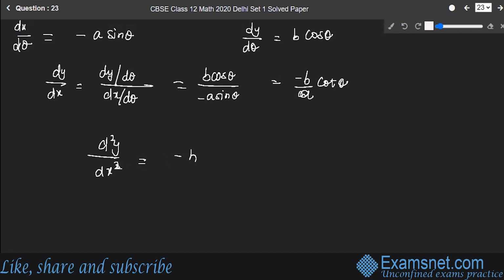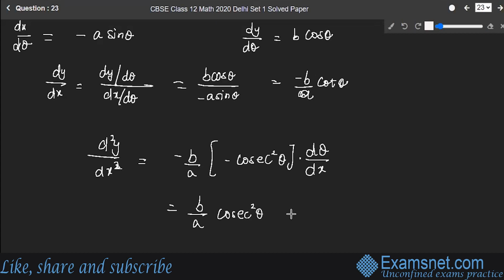Now you have to find the second derivative of y with respect to x. This is equal to minus b upon a, which will be kept outside, and the derivative of cot theta is equal to minus cosecant square theta into d theta upon dx, correct? So this will be equal to b upon a into cosecant square theta. What was d theta upon dx? From here, this is equal to minus 1 upon a into sin theta.